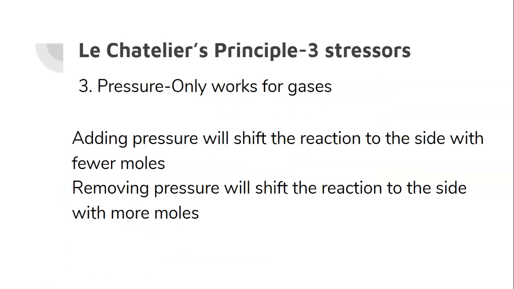Okay. The third thing is pressure. And again, this only works for gases, because pressure has to do with pressure and volume, and that's why we looked at gas laws and how those were impacted. If you add pressure, your reaction is going to shift to the side with fewer moles. So that's different than what we've been looking at.